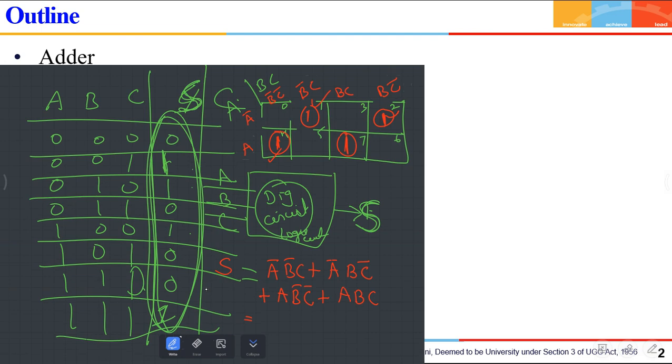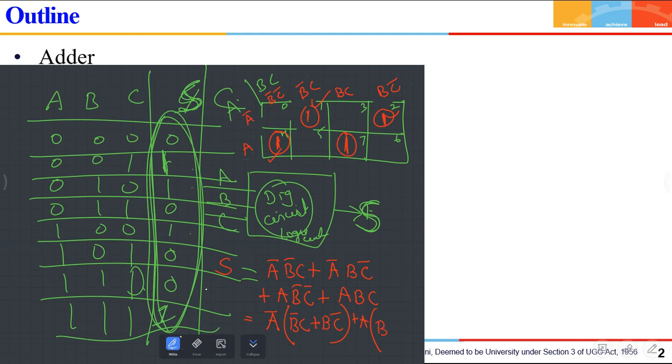Right? Okay, see here. I will take A bar outside from here, right? Now, inside this, you have B bar C plus BC bar, right? Yes or no? Is it okay? Now, what I will do here is, I will take A outside here.